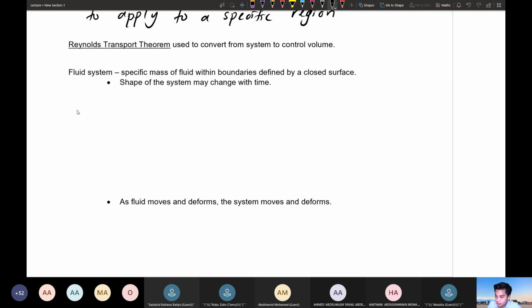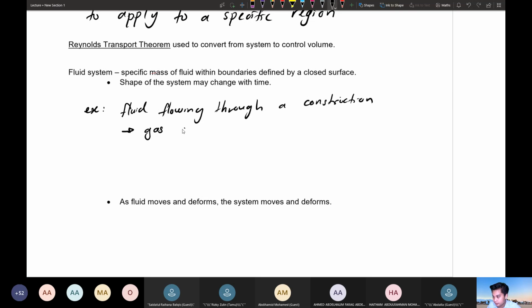Okay, so for example, here, fluid flowing through a constriction, right, for example, like gas compression. Okay, this is how it looks.